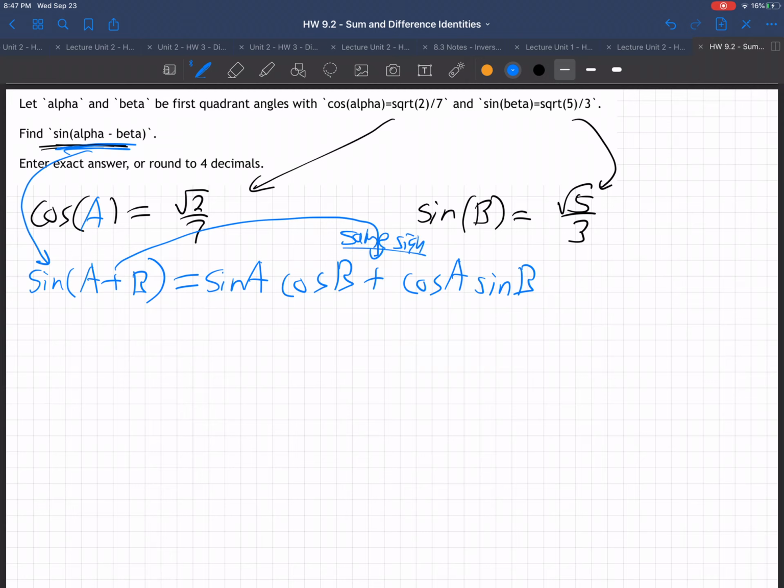Same sign in the middle. Anyway, so there we go. So we can find the sine of A plus B, which is what they want us to find. We just have to find these four pieces: sine of A, cosine B, cosine A, and sine B.